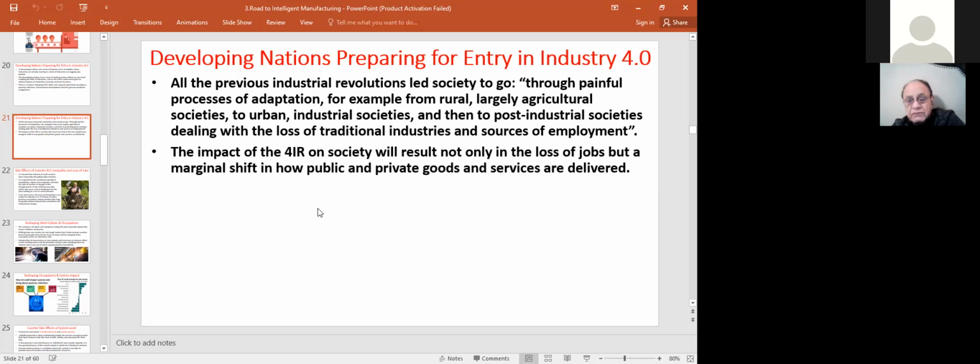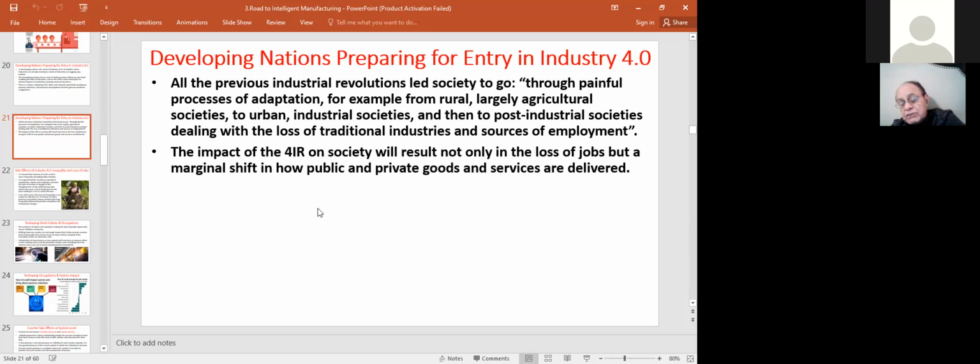Now, the fourth one will also have the same effect. But it's really a loss of jobs of one kind, but a shift of jobs towards the other kind.